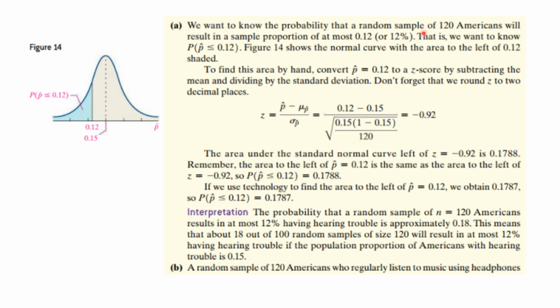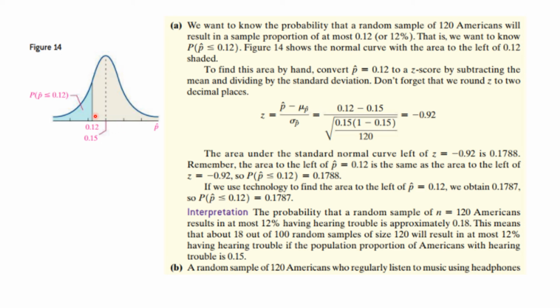And we want to know the probability that a random sample will result in a sample proportion of at most 12%. So what we want to know is the probability that p hat is less than or equal to 12%. Well, we know this is a bell-shaped curve. We know the mean. We know the standard deviation.